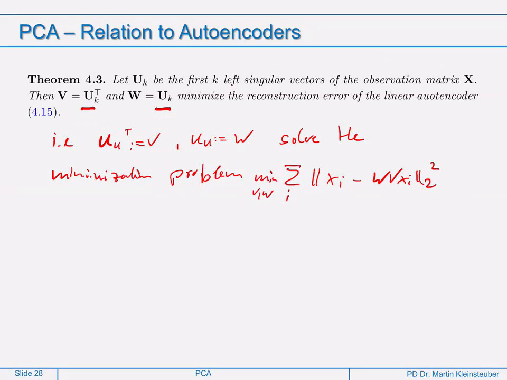This is the result, and the proof here is rather simple because we have the rank of this matrix VW is smaller or equal to K, right? Because of the dimensions of V and W.